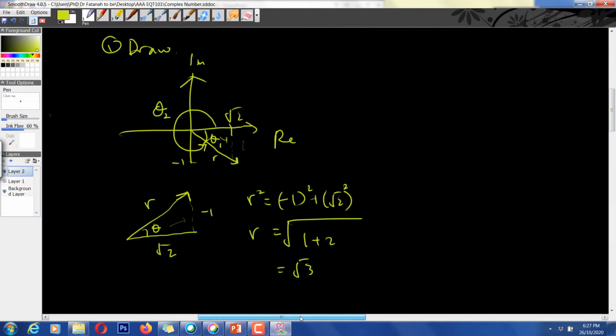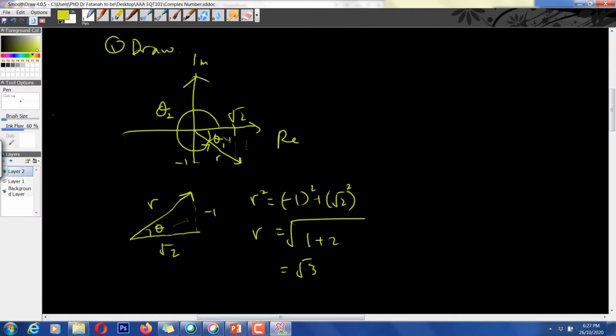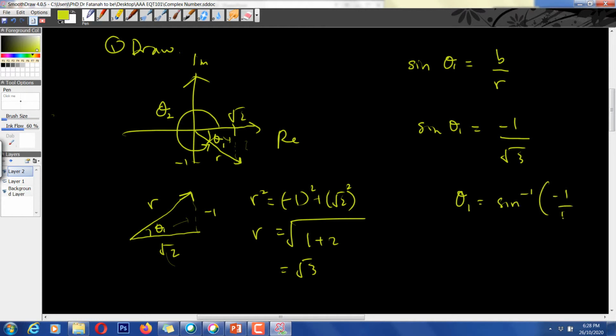What is theta? Theta here, we get this first. What we remember is sine theta equals b over r. B is equal to negative 1, and r is square root 3. So this is theta 1, we call it theta 1. So theta 1 is arcsine of negative 1 over square root 3.